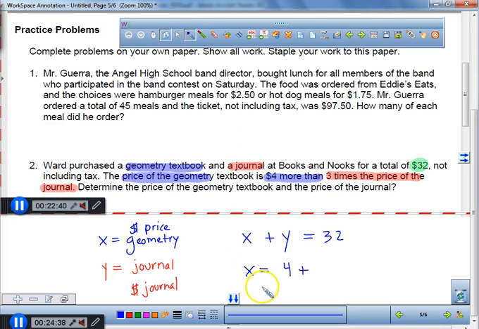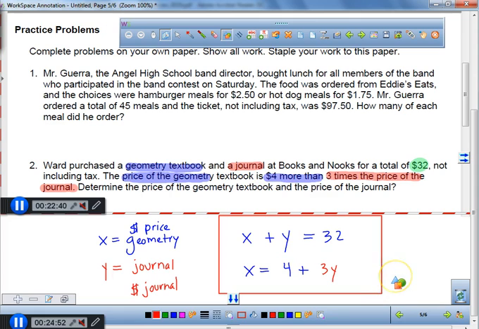So what's the price of the journal? Y. So it's going to be 3 times that. What's 3 times Y equal to? 3Y. Right there. That is your system of equations for problem number 2.